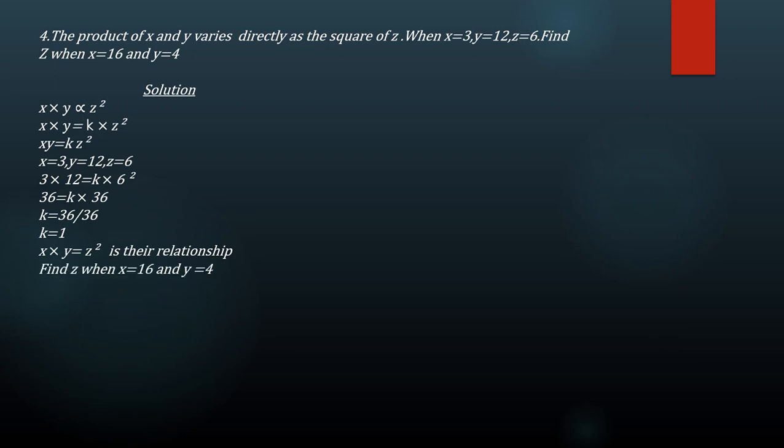Now we have to find z when x is 16 and y is 4. So we'll just put everything in, find z. That would be 16 times 4 equals z squared. So 16 times 4 gives me 64 by my calculator, equals z squared.